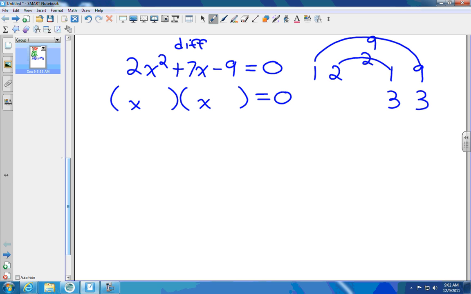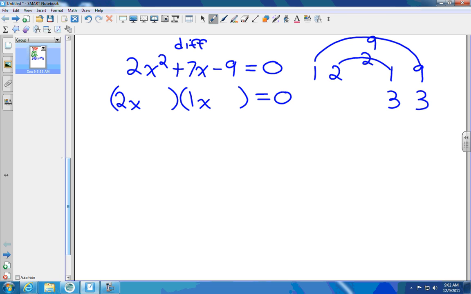So we have 4 numbers, 1, 2, 1, 9. They all have to go in here. How do we know which one, or which ones can we plug in right now? One of the 2. Where do they have to go? With the x's. It doesn't matter which one you put where. The next 2 do. These first 2, you just make sure they're with the x's. That's all that matters.